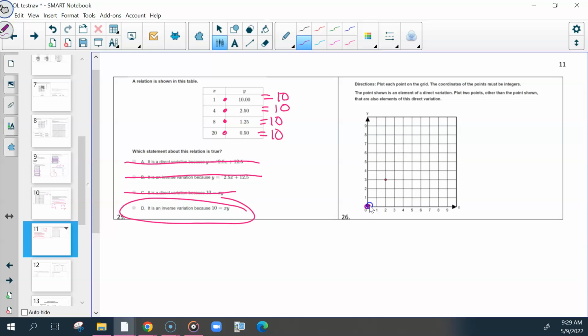If you start there, then you can count your slope or count for k, and then draw another point. So what would your k value be, or your slope? 3 over 2. So if we do another 3 over 2 and plot another point right there, we have our 2 points. If you remember, direct variation has to go through 0, 0. That's automatically one of them, and then count your slope, and you get your other.